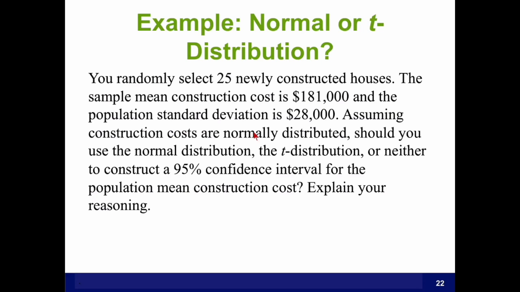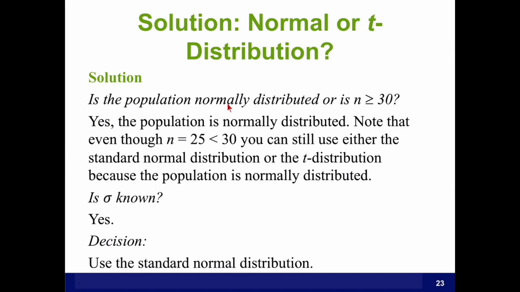Assuming construction costs are normally distributed, this is good, right? Because the sample size is less than 30. Should you use the normal distribution, the t-distribution, or neither to construct a 95% confidence interval for the population mean construction cost? Explain your reasoning. Is the population normally distributed or is n greater than or equal to 30? Well, n is not greater than or equal to 30, but the population is normally distributed, so the answer is yes.